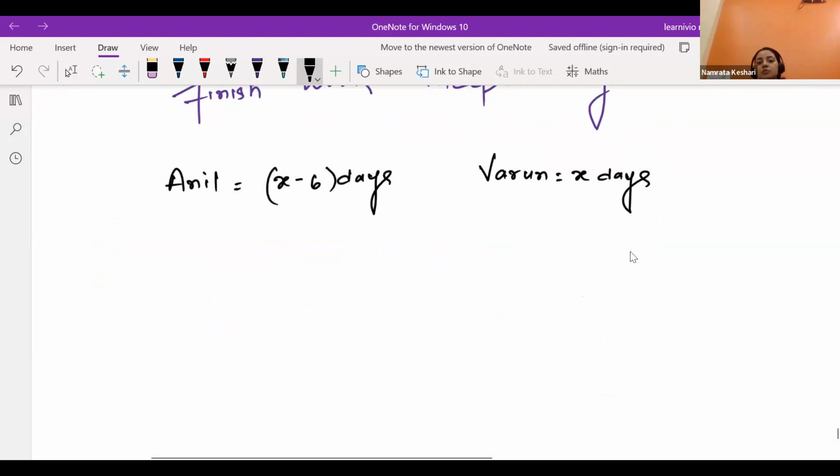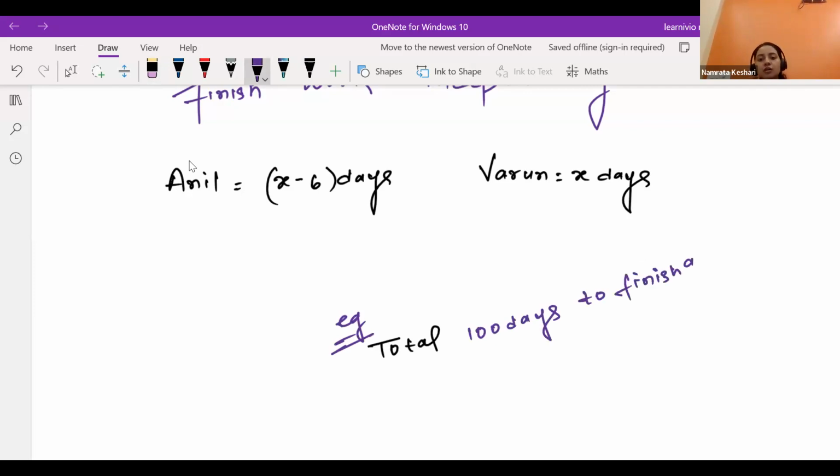How will we frame the equation over here? Think about it. Varun is taking a total of X days. X can create confusion, so I'm just taking an example number. Suppose a person is taking a total of 100 days to finish a work.